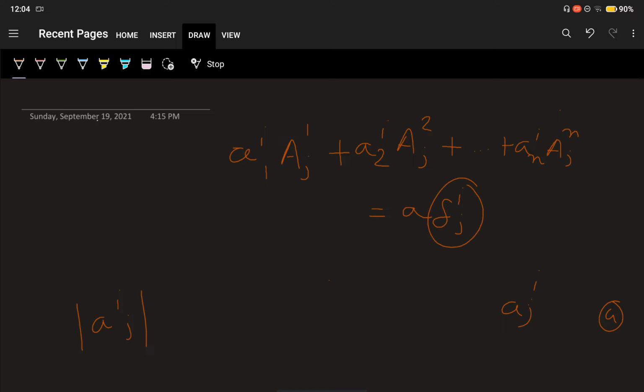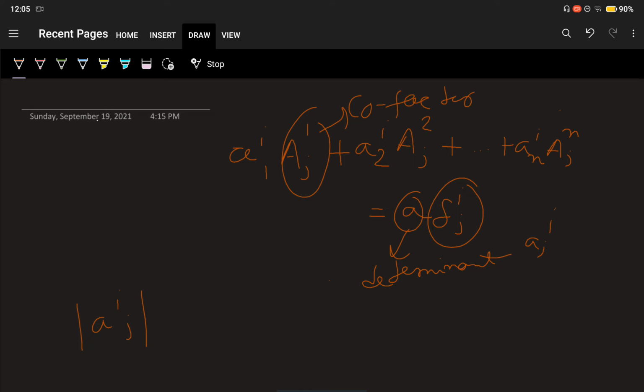This is the Kronecker delta function and this is the determinant of a_ij. And this is the cofactor of a_ij.